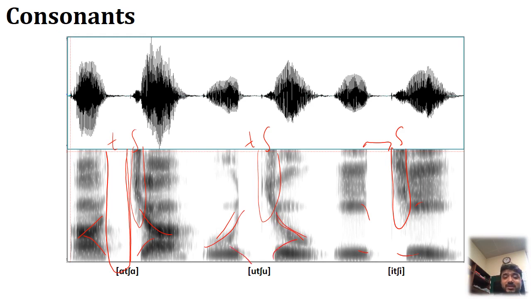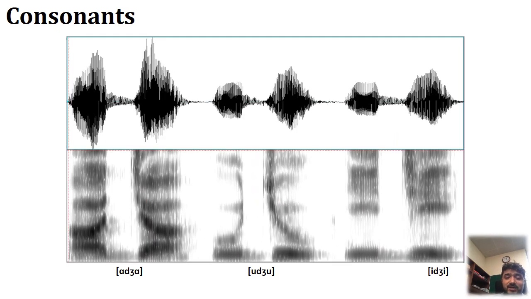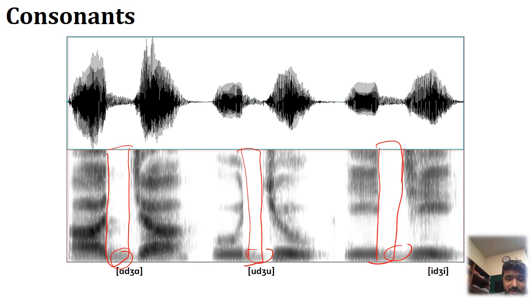All of these. All right, and we have the voicing in the ja. So you have the da with its own burst and its own closure, and you have the j here, and you have the voicing in all of these to indicate that this is a ja. All right.